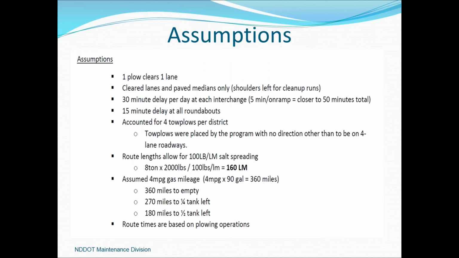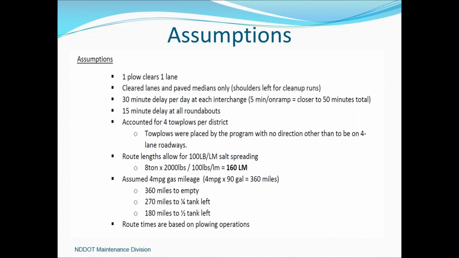Some additional assumptions we made were that a plow clears 1 lane, a tow plow clears 2 lanes. We needed to add in delays at interchanges and roundabouts because they're not just plowing through at those plowing speeds. We are lucky enough to have 4 tow plows per district.